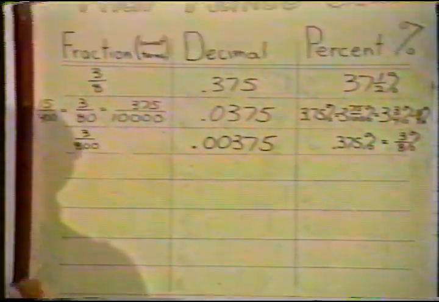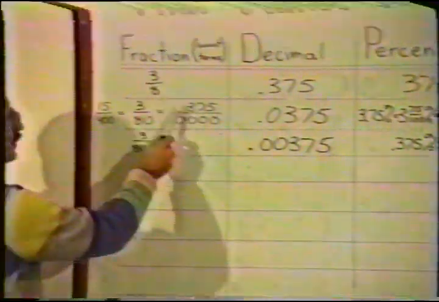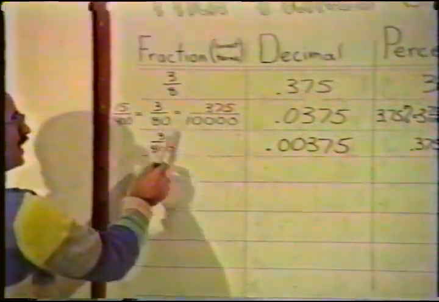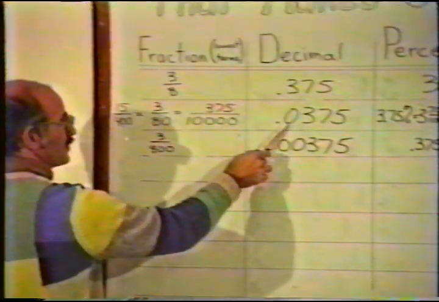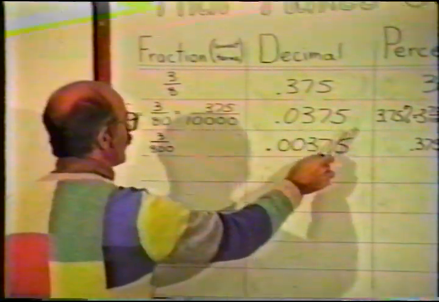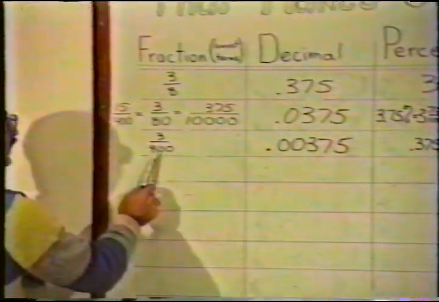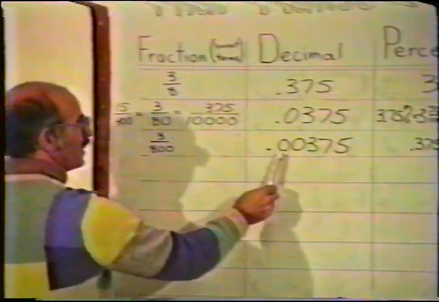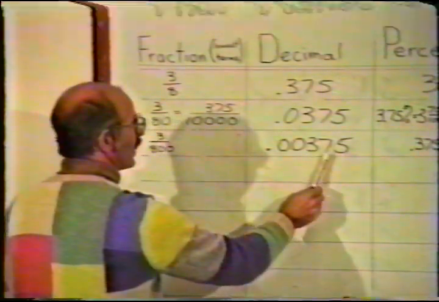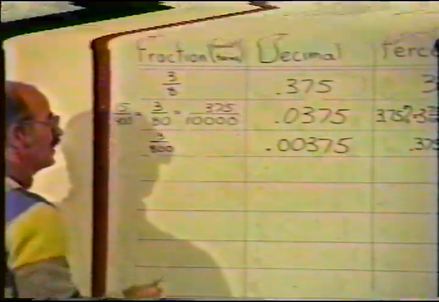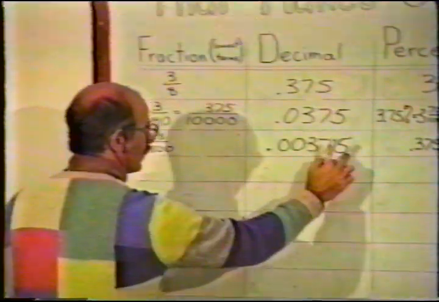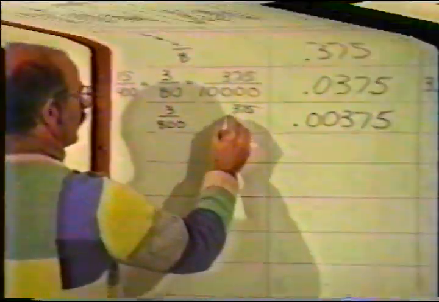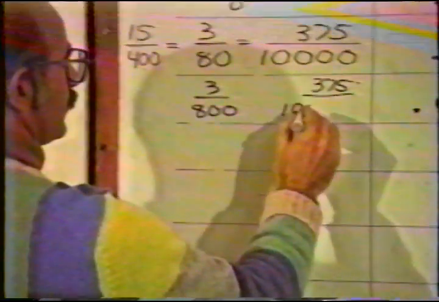Well, we can see that when we had 3/8, it was 0.375. 3/80ths made us go back a space to 0.0375. And 3/800ths made us go back 2 spaces to 0.00375. And if you want, you can read me this number. 375 hundred thousandths.